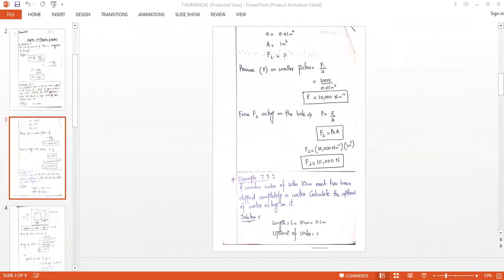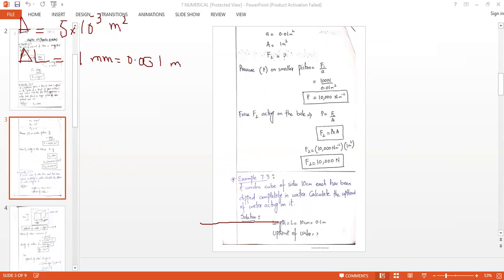Now the last: a steel wire is given, the cross-sectional area is 5 into 10 raised to power minus 3 meter square, and it is stretched through 1 mm. That is, the change in length del L equals 1 mm, which equals 0.001 meter.